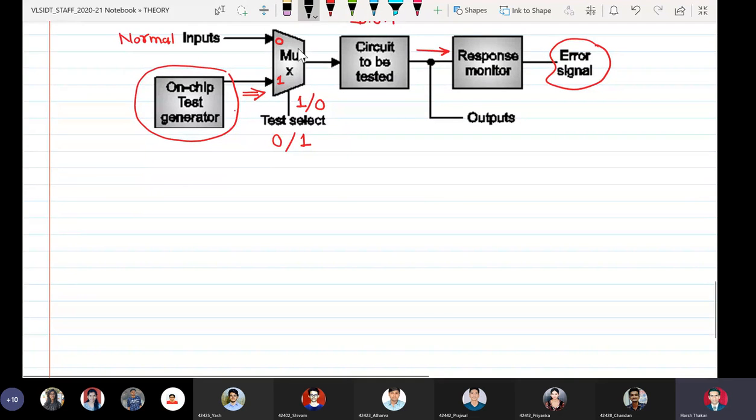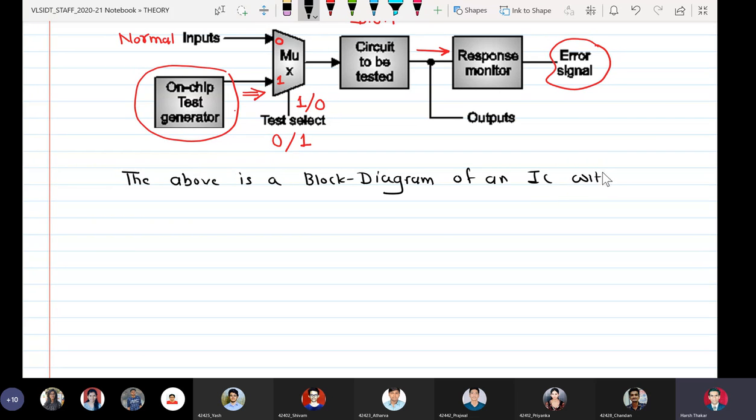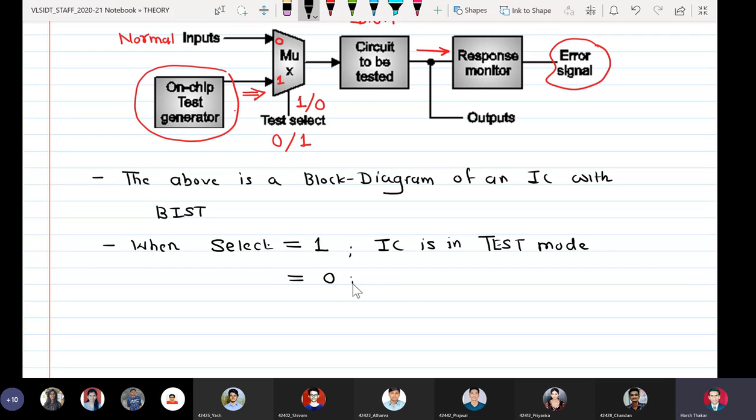So we can say that the above is a block diagram of an IC with B.I.S.T. When select equal to 1, the IC is in test mode, and when select line is equal to 0, the IC is in normal or the working mode.